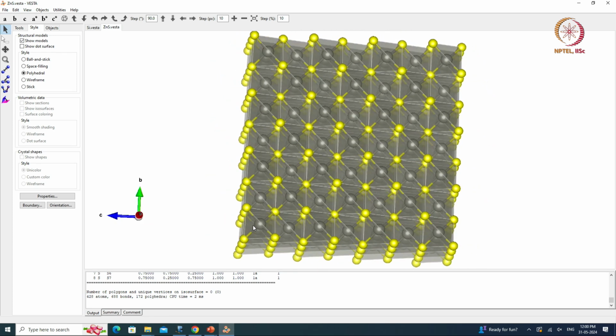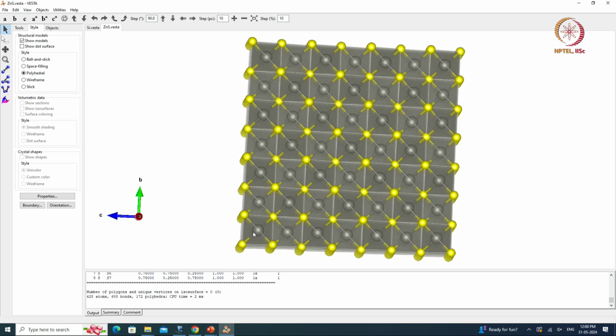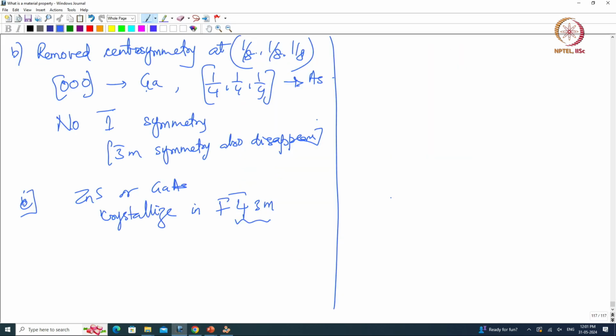Okay. So all these are what are called zinc blende structures. I have all these tetrahedra which are aligned. It's like silicon, except that now the center of the tetrahedron is no longer silicon. The center of the tetrahedron is a zinc atom, and the corners of the tetrahedron are the sulphur atoms. So I have removed some symmetry elements, in fact.